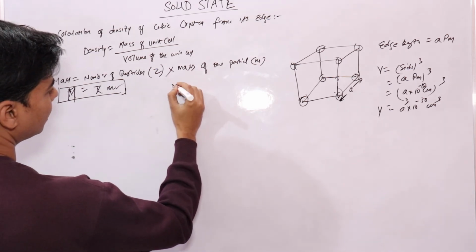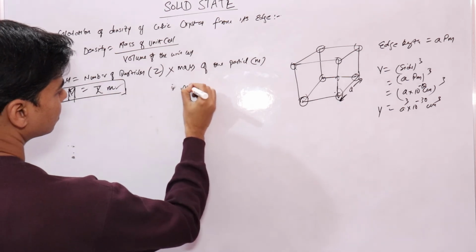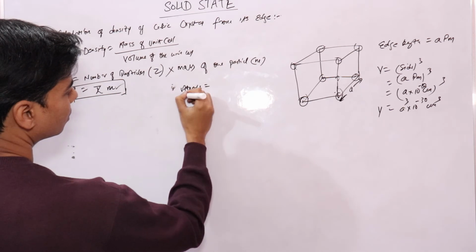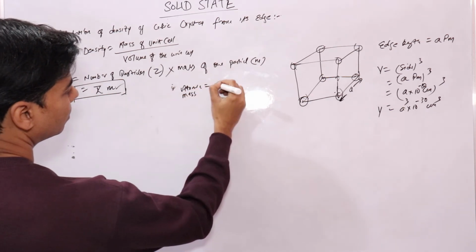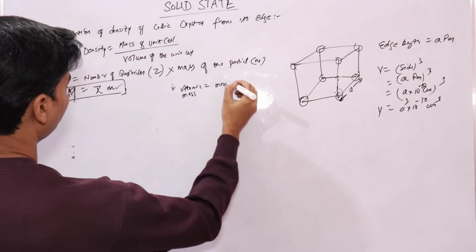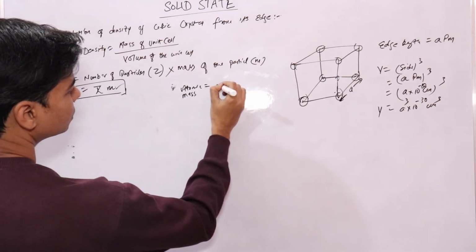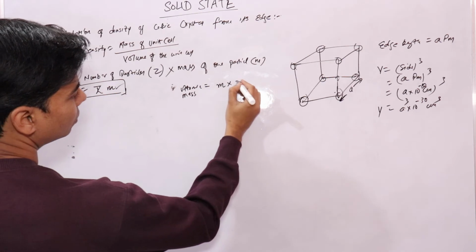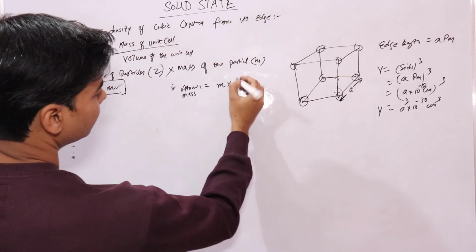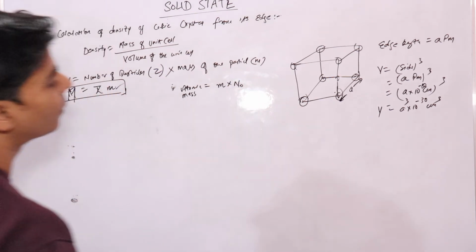So the atomic mass would be equal to the mass of one particle, let's represent it with small m, into Avogadro's number, which is represented by N0 or Na.